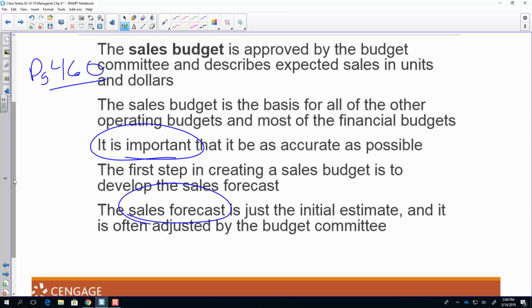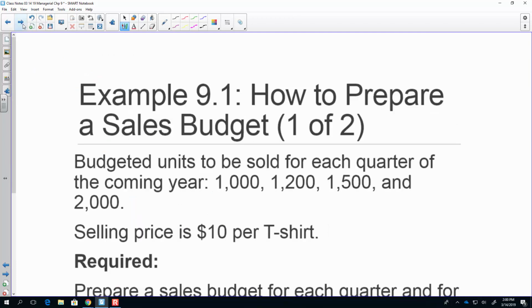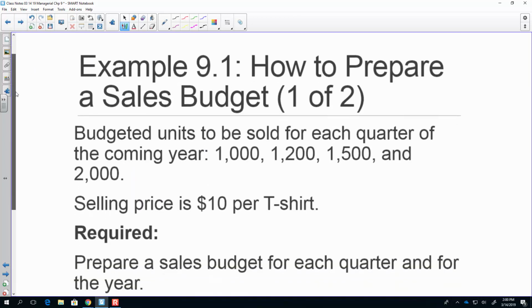And again, sales vary for a lot of companies. Some are really high in January, snow blowers. Some are really high in July, lawnmowers, if you're making whatever you're making. Selling ice cream cones, you're making more in summer than you do in winter. So a lot of time is spent on developing these budgets for sales.